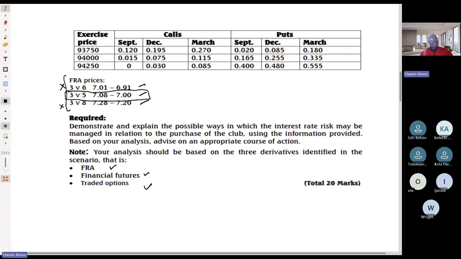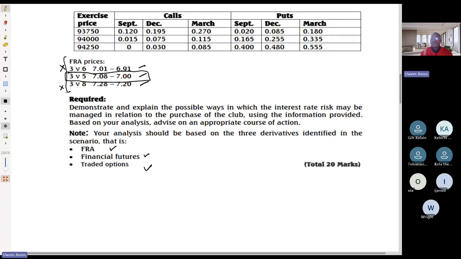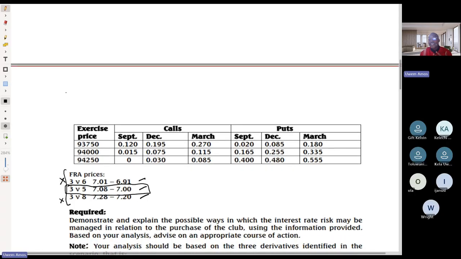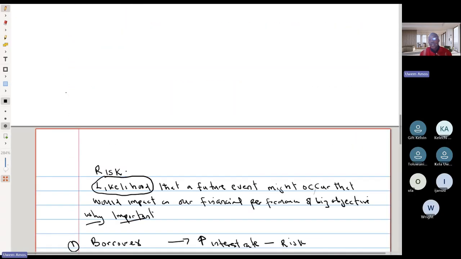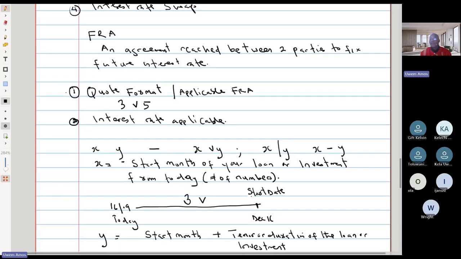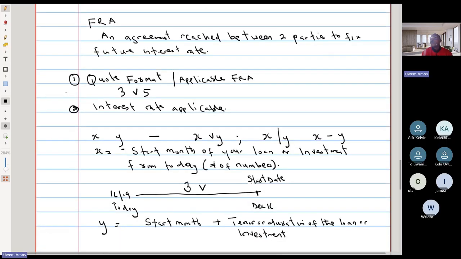But we have 2 interest rates there, 7.08 and 7.00. Which of these 2 interest rates would be applicable to Mr. Bickard? The rule of thumb, which is applicable to every financial institution, is this. Whenever you go to the bank to say, I want to put my money in fixed deposit, or I want to invest my money, versus you tell the bank, I want to borrow, the bank will always charge you a higher interest rate whenever you want to borrow.